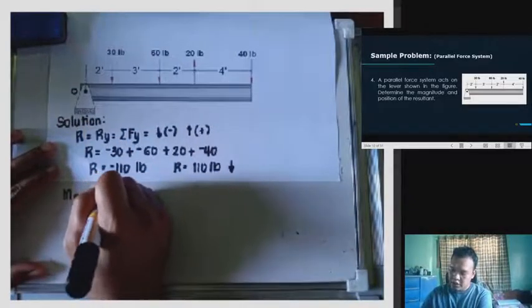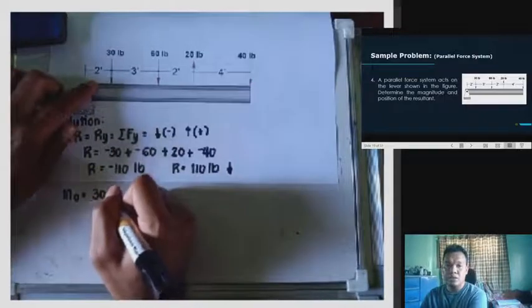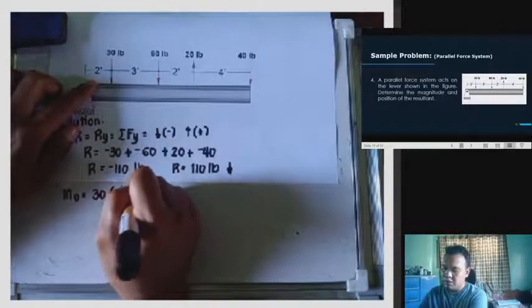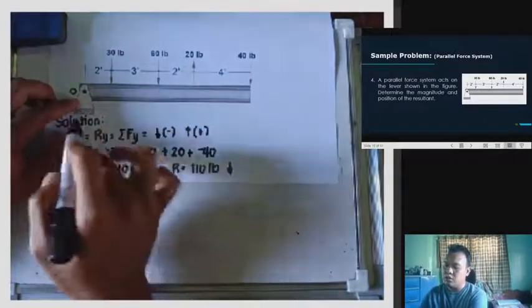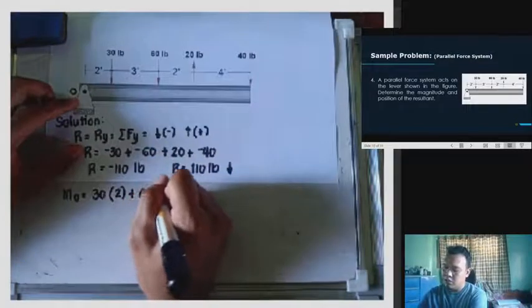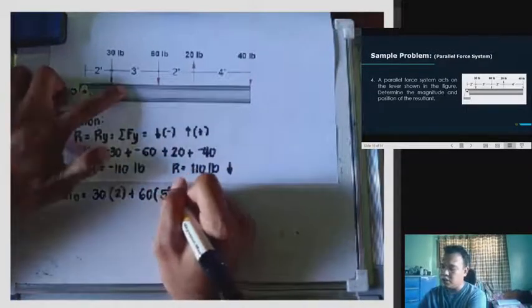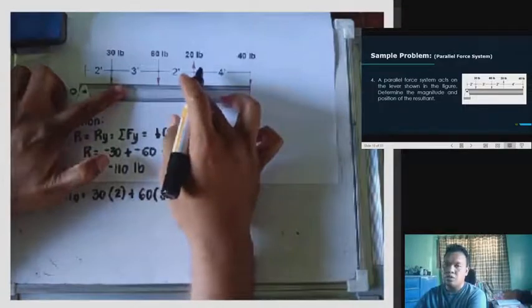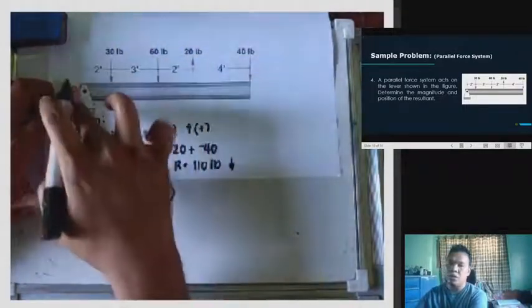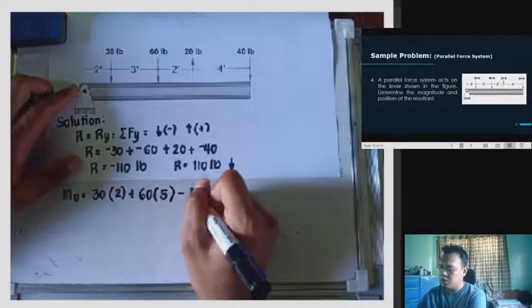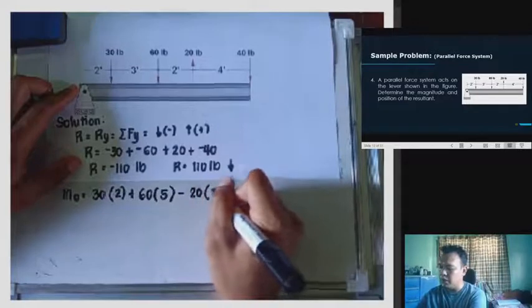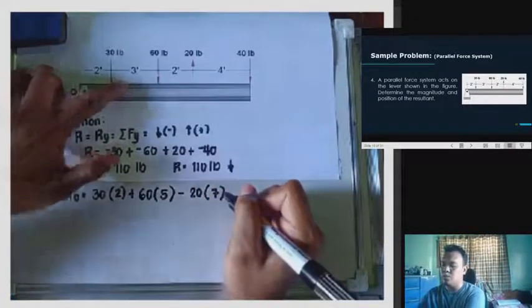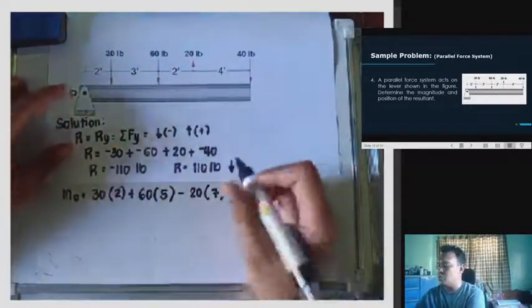30 multiplied by perpendicular distance, which is 2, plus, ikot ulit to, pag ganon, 60 multiplied by perpendicular distance, 2 plus 3, 5. Then ito, pag pupunta siya sa point O, pag ganon ang ikot niya, so minus 20 multiplied by 7, which is 2 plus 3 plus 2.